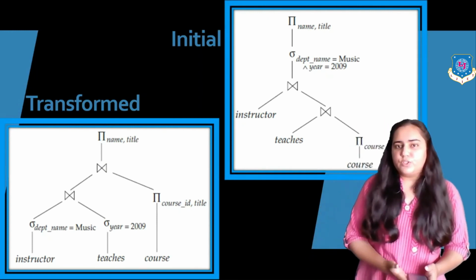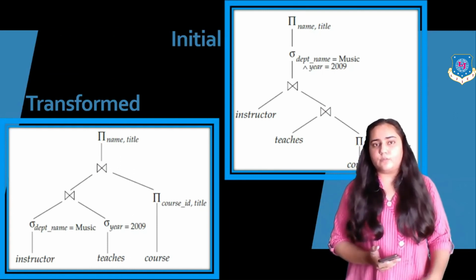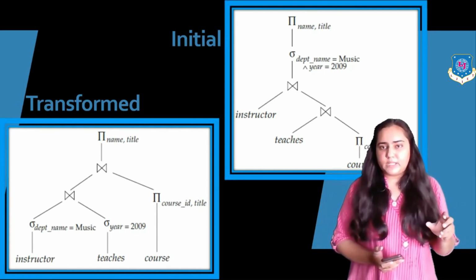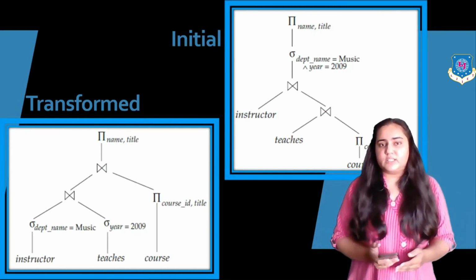If you watched the second video on query processing, which I've linked down below, in that video, I explained a technique called pipelining for processing queries where multiple operations can be done simultaneously.